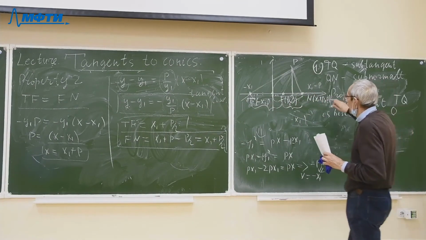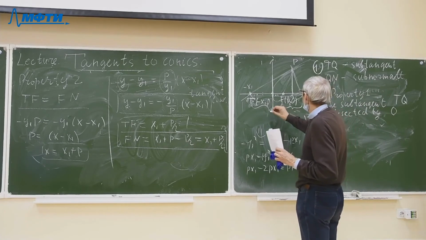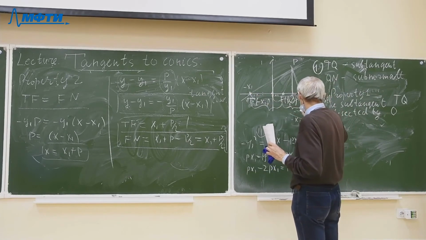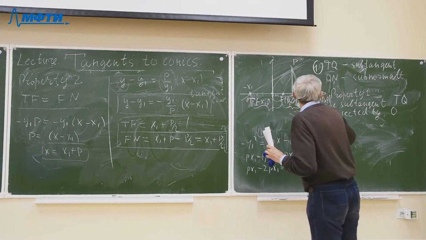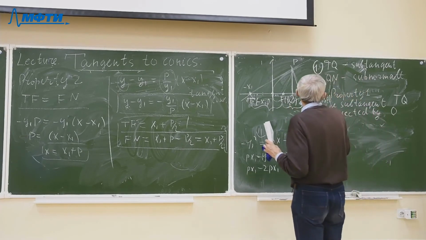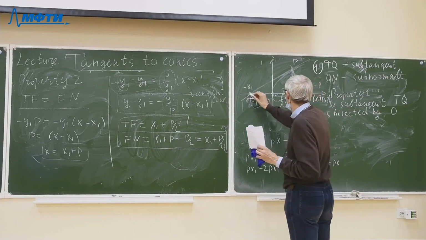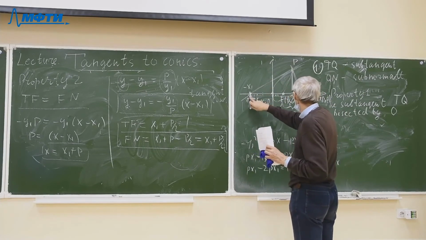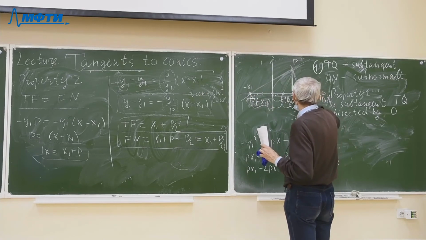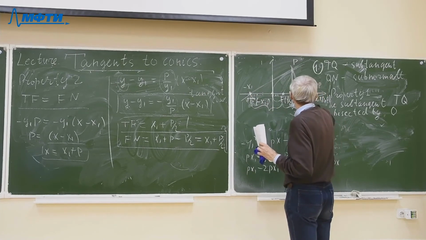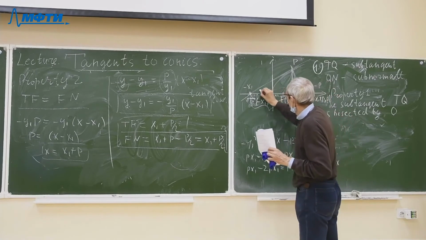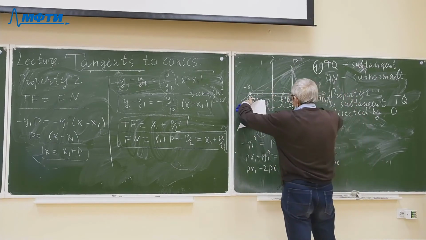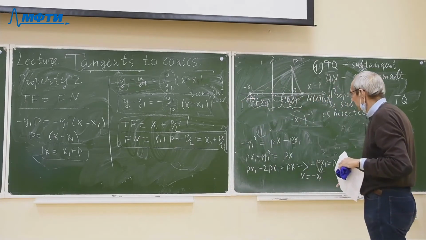Property 1 asserts that the origin divides the segment QQ, with P the projection, into two equal parts.